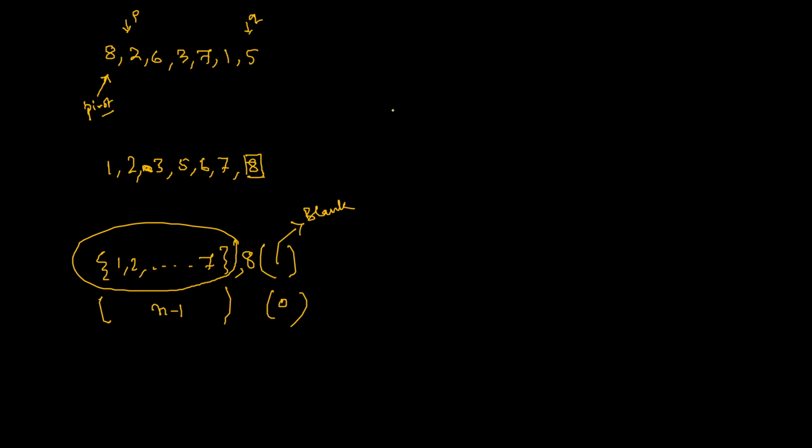So basically if you try to write the relation over there, T(n) will be equal to not 2T(n/2). It will become T(n minus 1) plus n.